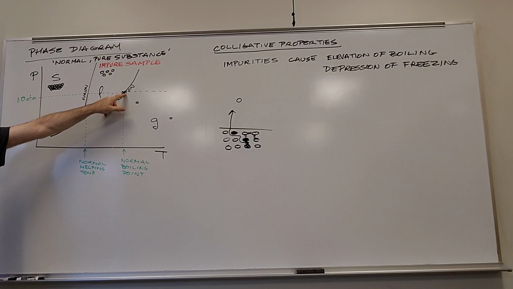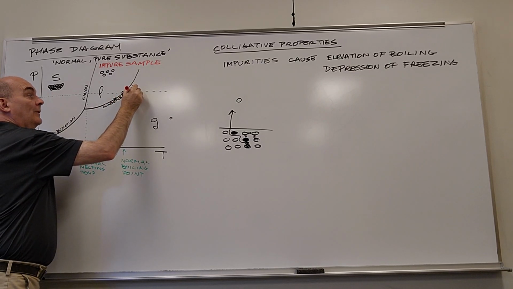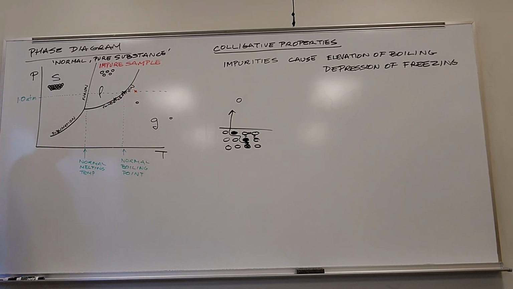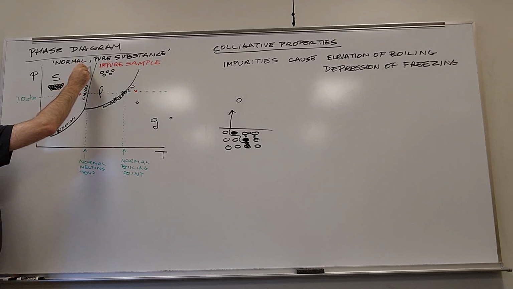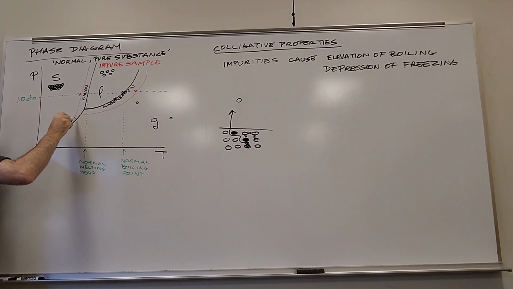What happens right here? Now when it boils, it might boil there. And when it freezes, it might freeze here. So we get this kind of phantom phase diagram that lays on top of it, where it splays out.